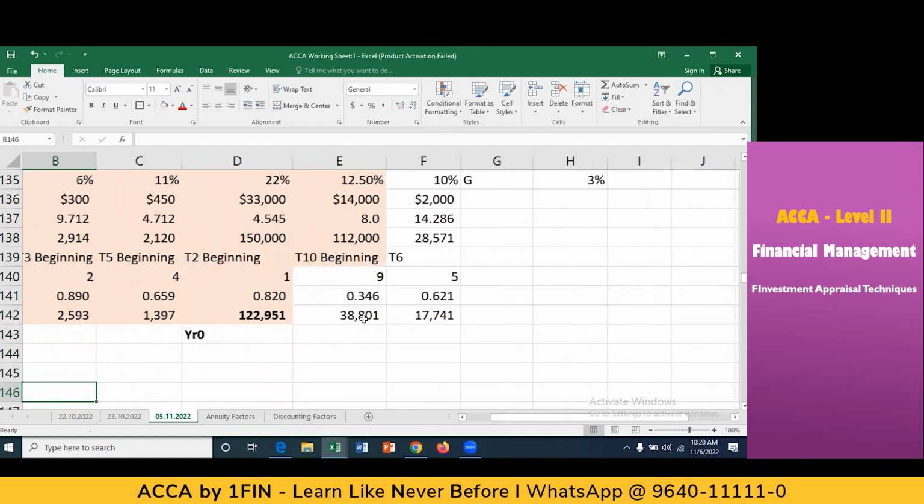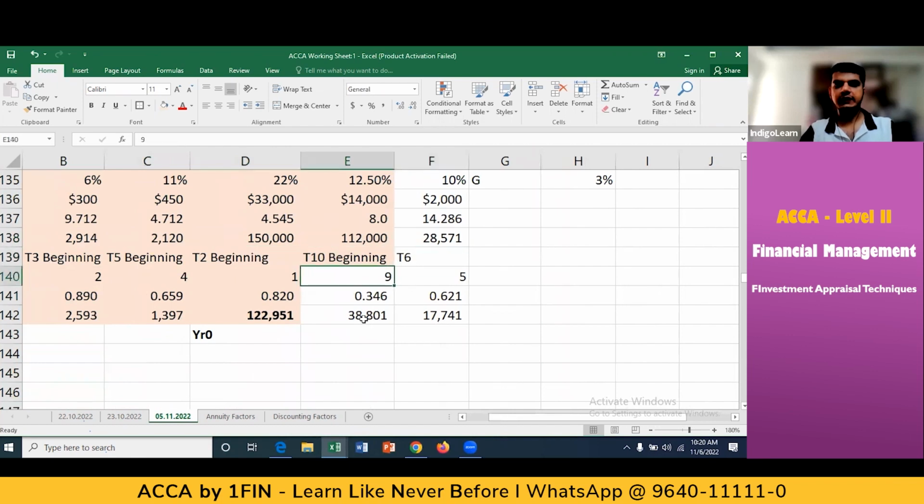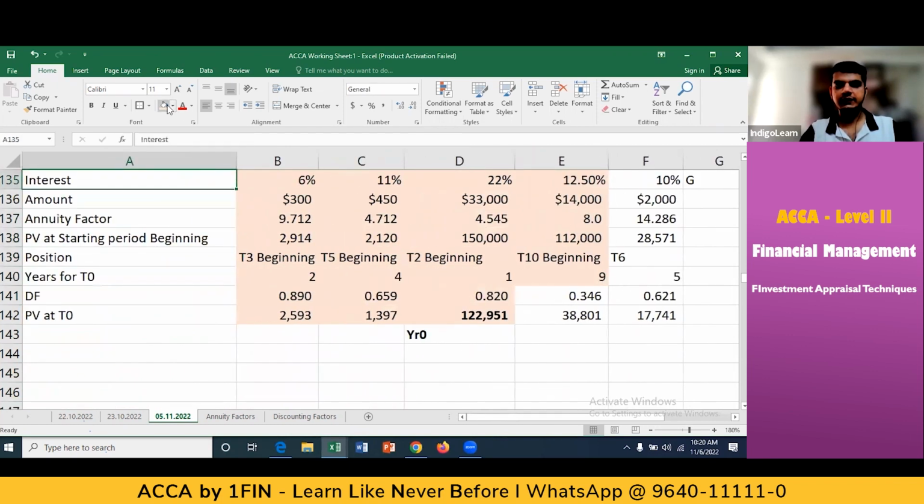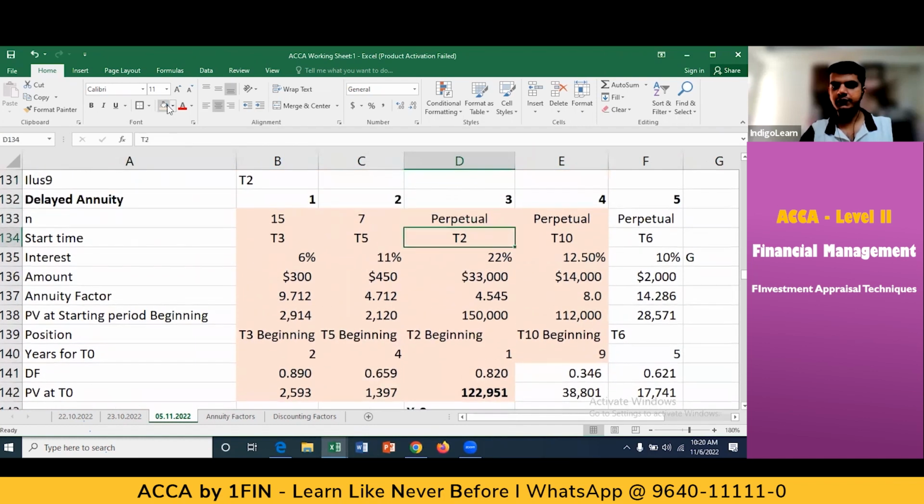Yes, sir. So now 9 discounting periods we have to do to come to our year 0 amount. So we'll see the discounting factor of 12.5 with 9. Now I will tell you why I always emphasize to also know the formula. Right now there is no table for discounting of 12.5.